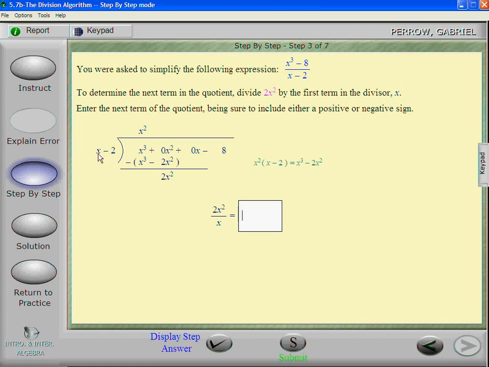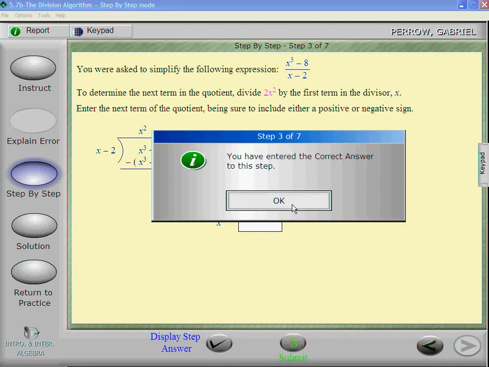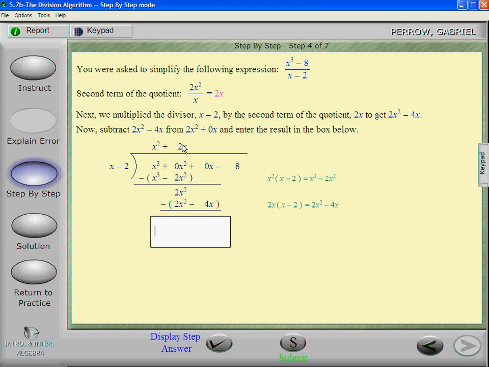Basically, the front value is what we need to focus on anyway, where you'd say, okay, repeat the process. What times x gives me 2x squared? Or in other words, 2x squared divided by x is what? Well, that would be 2x. That's going to get added to the x squared you have already got up top. And then when you multiply the 2x that you just got with x and -2, you're going to end up with 2x squared minus 4x, like you do over here.